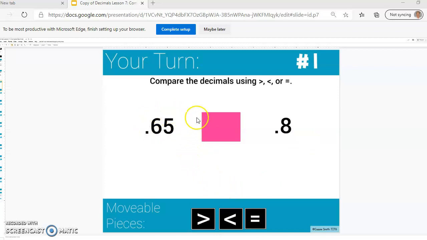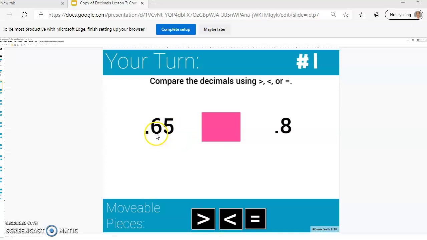So write this first one down, 65 hundredths. And then we're going to move our greater than, less than, equal to. You'll write it down in it. And then also write down your 8 tenths. Remember, this could read 80 hundredths as well. So when you're comparing, you start in the place value that is furthest to the left and you move right.